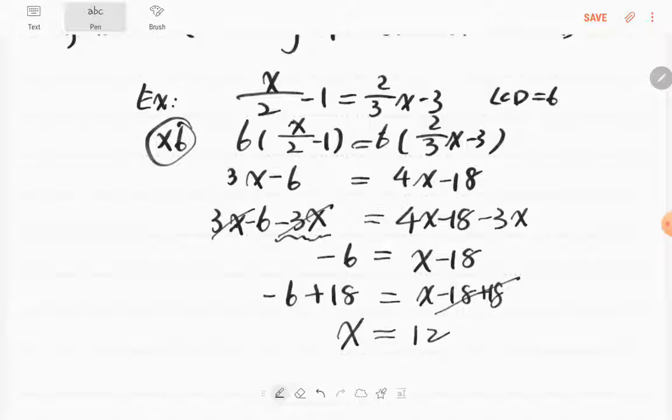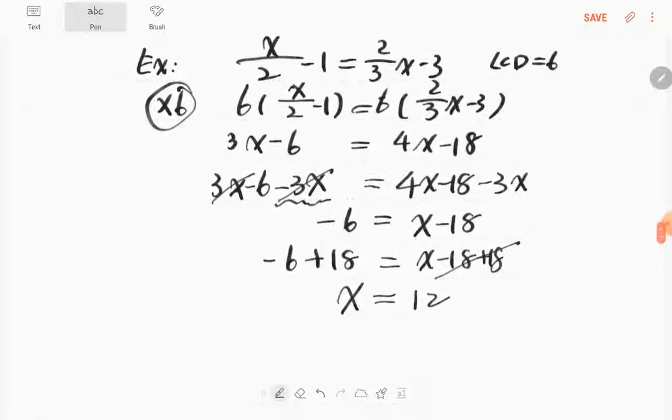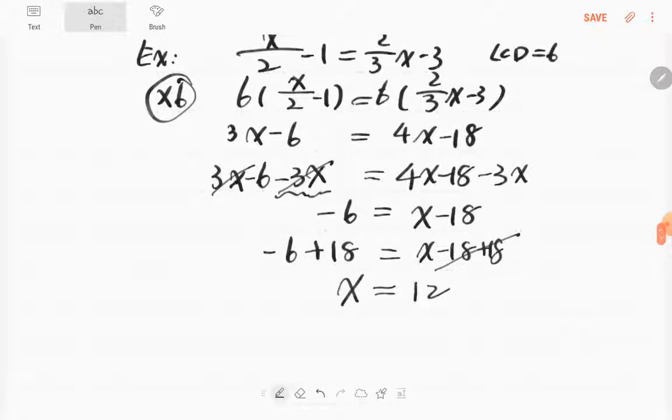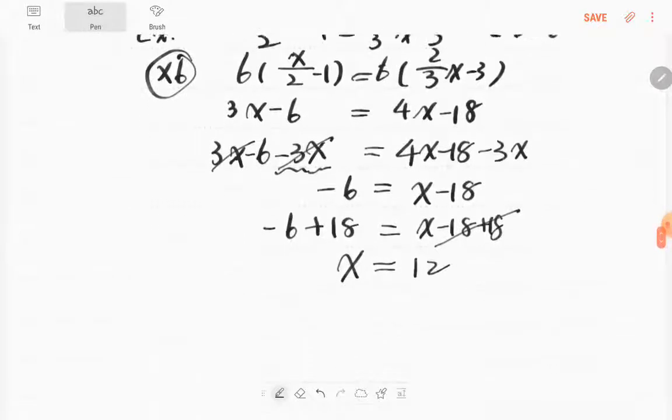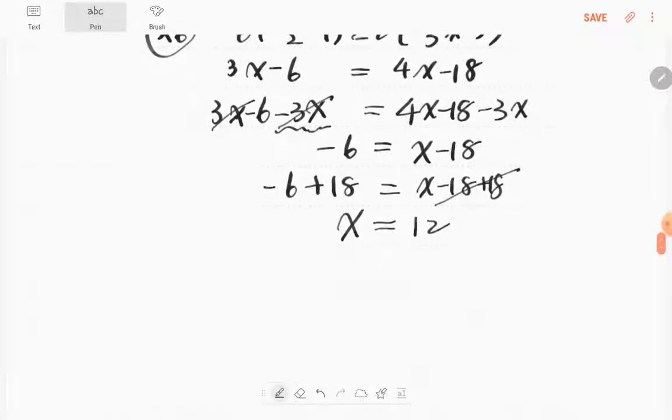Okay, x equals 12. Of course, if you want, you should use 12 to replace x to test if our solution is correct or not. Okay. So let's check another example.